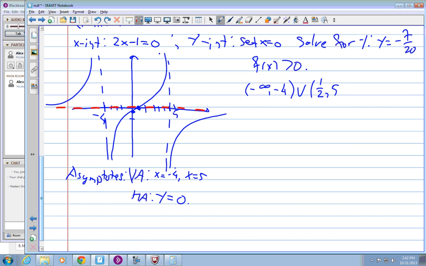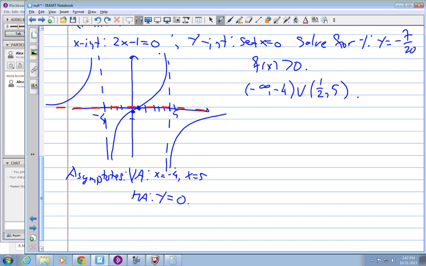So from 1/2 to 5, and that's it. It's negative everywhere else. So that's it. That would be the solution. So if you do a quick sketch, then you're good. Yeah, that's what's above the x-axis.